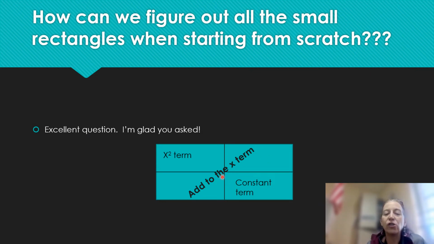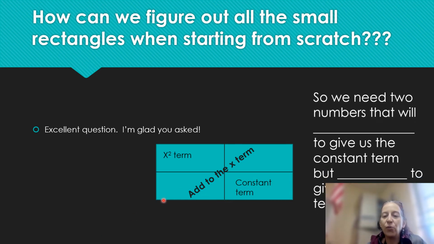In here, those two need to add up, and so that's how you need to break them out. Here is what you are looking for. You are looking for two numbers that will multiply to give us the constant term, but will add to give us the x term.